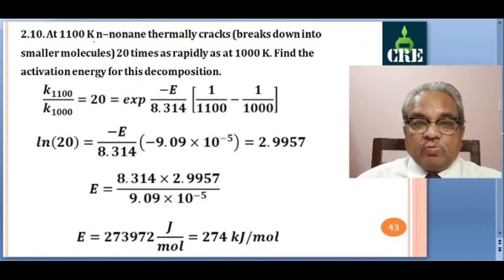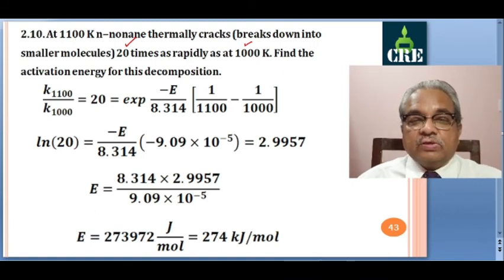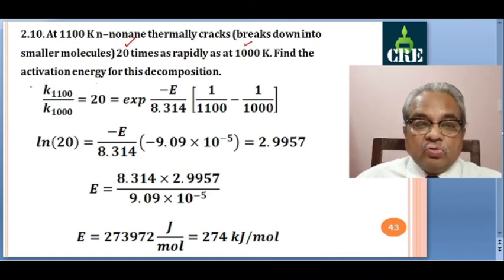Problem 2.10, a similar problem again. Here the factor of 20 is given, so we have to find the activation energy. At 1100 K, n-nonene thermally cracks 20 times as rapidly as at 1000 K. So at 1000, if you check the rate, at 1100 the rate becomes 20 times. Find the activation energy for this decomposition. Take the ratio of K at 1100 to K at 1000.